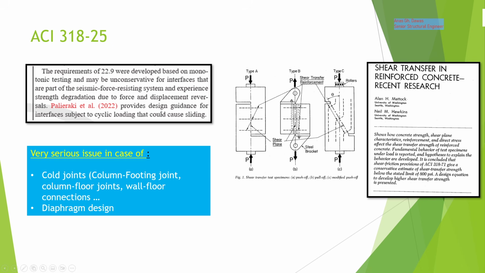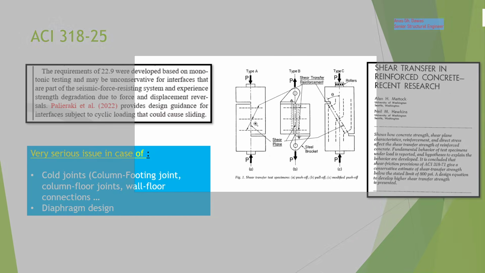The main idea here is that the code now says the shear friction calculations provided in the code were developed based on monotonic testing. If you have cyclic loading, you have to expect a degradation in the strength, so you have to expect a lower shear friction capacity of a specific section.